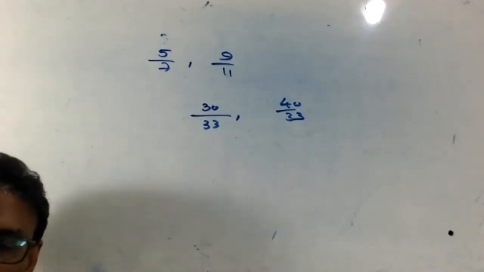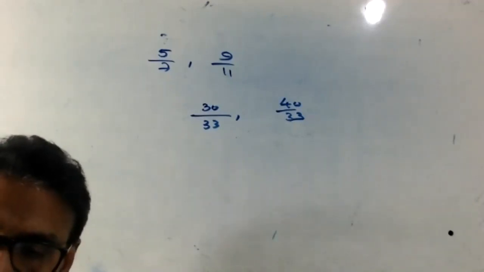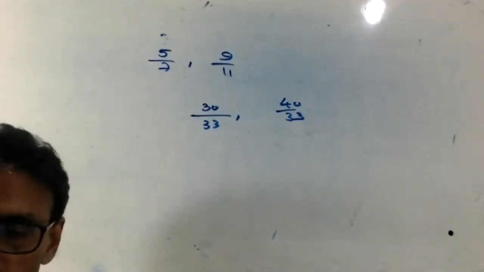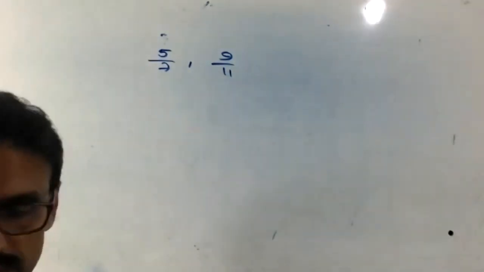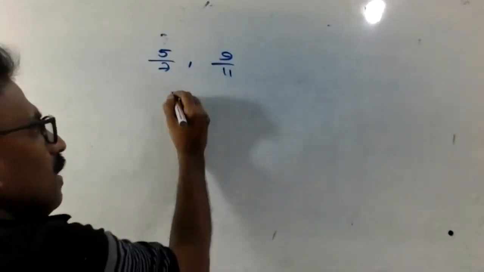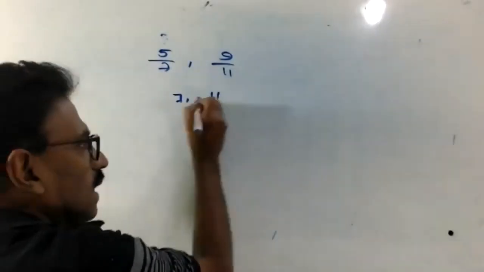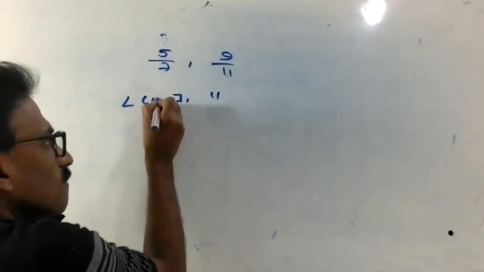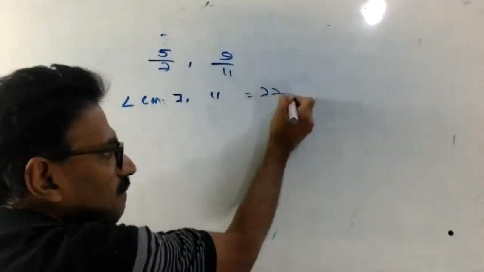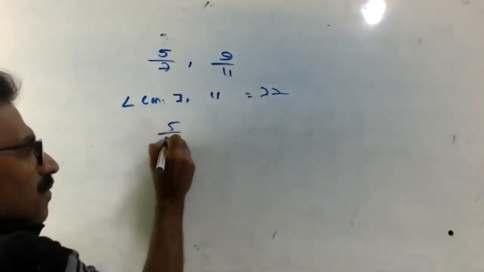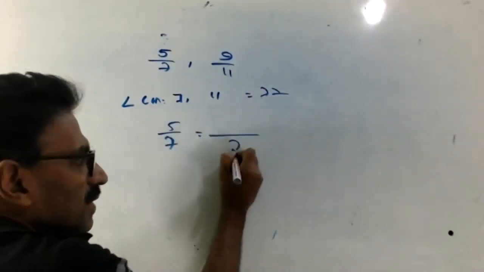Okay. If the denominators are not equal, make them equal. So how to make them equal? Listen here. You find the LCM of 7 and 11. The LCM of 7 and 11 is 77. So 5 by 7, you can write 77 here.